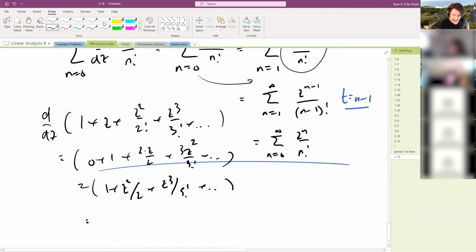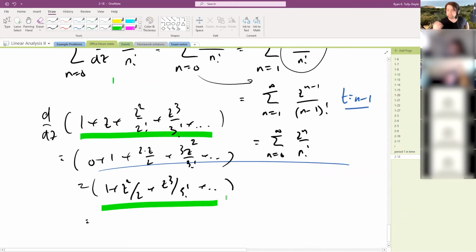I mean, what you started with is what you ended with. So if you don't like the sigma notation for it, you could just expand it out and apply the derivative. And what you start with is obviously what you end with. And that also shows the rule is true.